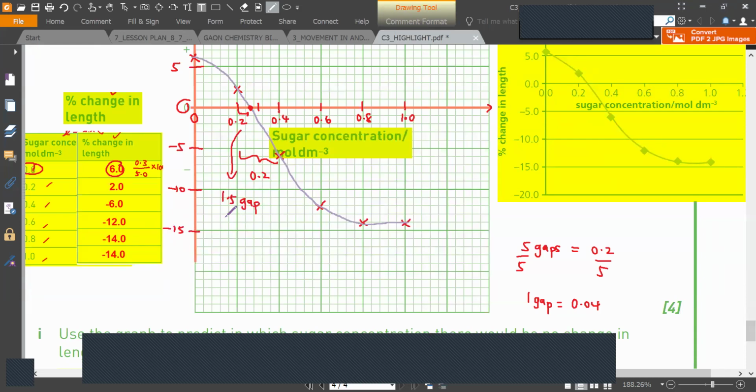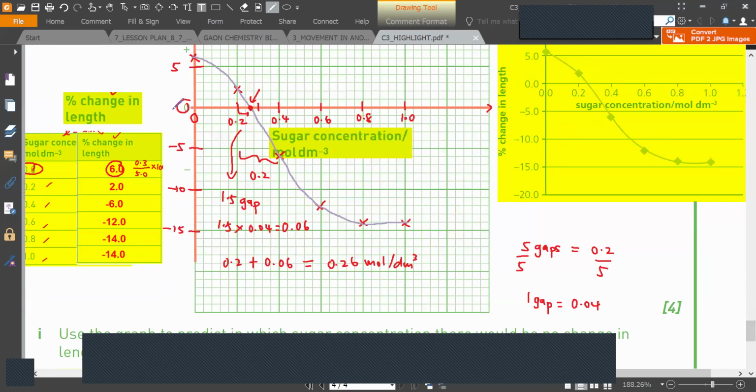So 1.5 times 0.04 is 0.06, which is telling us that this point here is 0.2 plus 0.06, which gives us 0.26 mole per dm cube.